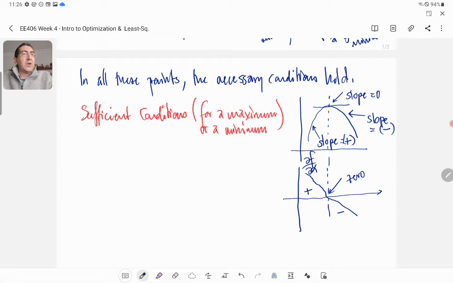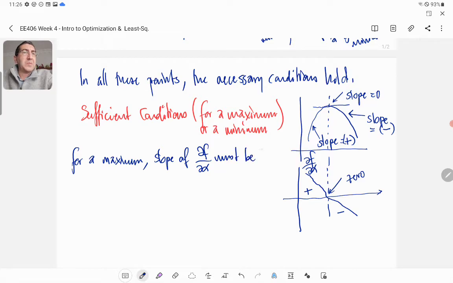If you look at the slope of the derivative, which is the second derivative, we see that the second derivative is negative in this case. So for a maximum, the slope of df over d alpha must be negative.